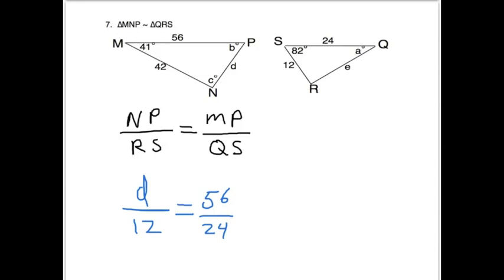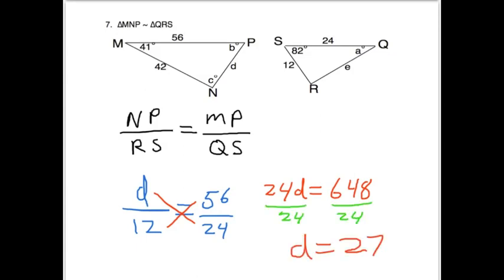And so now we can solve for D by cross-multiplying. D times 24 is equal to 12 times 56, which is 648. Divide by 24 on both sides, and we get that D is equal to 27. So now we found D.